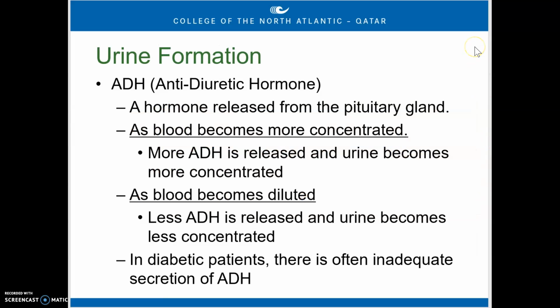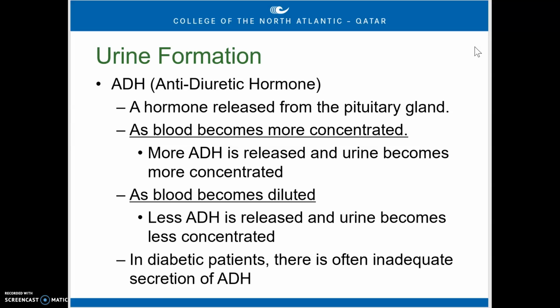So antidiuretic hormone, ADH, is released from the pituitary gland, and what it does is it controls how concentrated the blood is. So if the blood becomes more concentrated, ADH will be released, and that will reabsorb some of the water so that the urine becomes more concentrated. So we end up with a small volume of concentrated urine, so quite dark yellow urine.